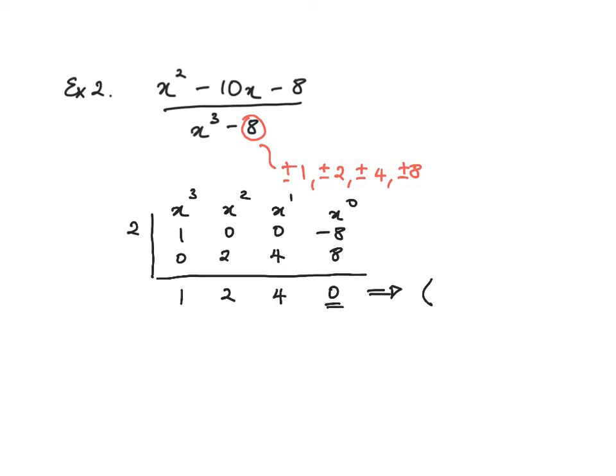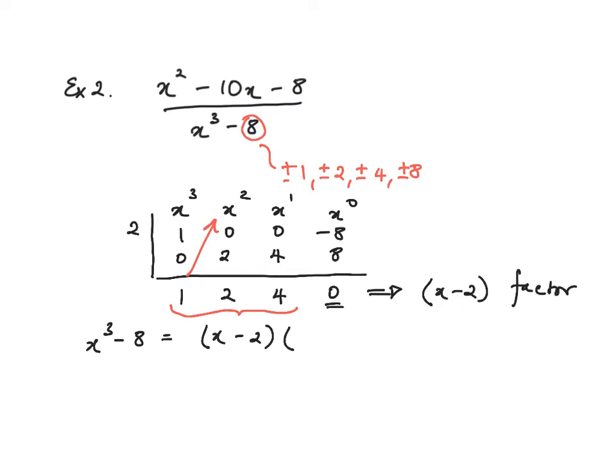It means that x minus 2 is a factor. So x cubed minus 8 equals x minus 2. There is a linear factor. And remember the quotient. So we're going to have 1 lot of x squared, 2 lots of x, plus 4.